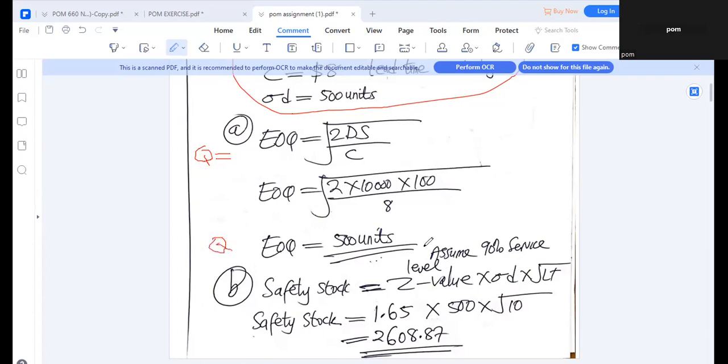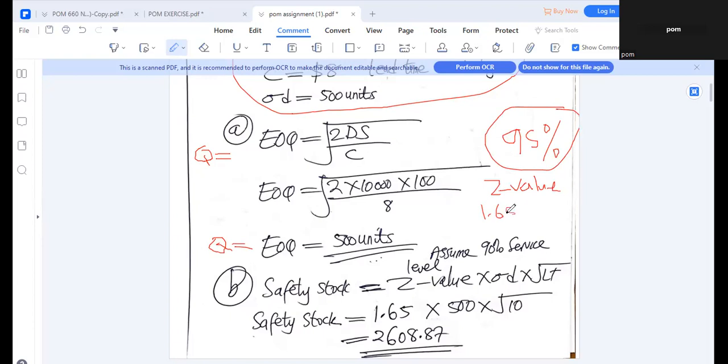I mentioned that if the service level is not given, then you use the 95% service level, meaning that this is what we use. So our Z value will be equal to 1.65.